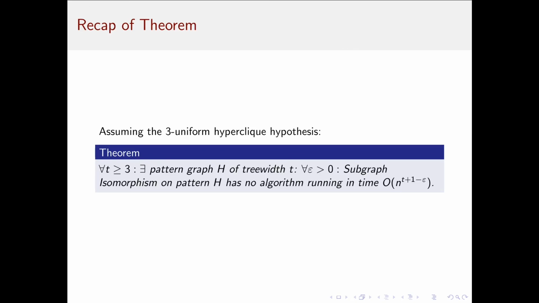Okay, so that's it. We've shown that assuming the 3 uniform hyperclique hypothesis, there exist maximally hard pattern graphs for each treewidth, such that subgraph isomorphism with those pattern graphs cannot be solved significantly faster than order of n to the t plus 1. So basically, you cannot beat the color coding algorithm.